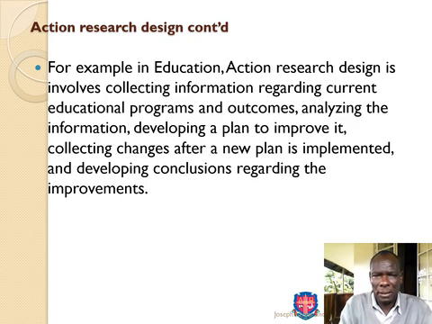So in action research, you have a problem. You investigate the problem. After investigating the problem, you institute an action to help solve the problem. After you have instituted an action, then you implement the action. And then if the action works well, the problem is solved.